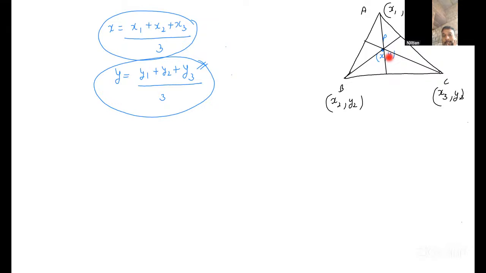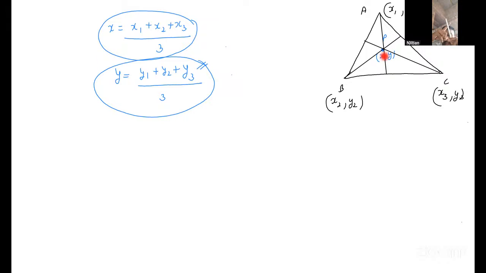Miracle, did you understand anything? Yeah, sir, I understood. Agatha, what doubt do you have? I'm still confused on 2:1 ratio. Okay. So, for example, this is a median.